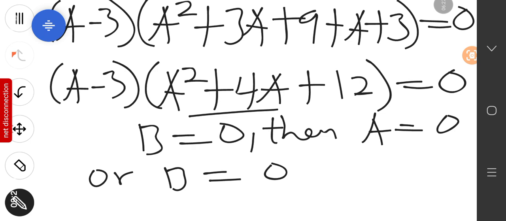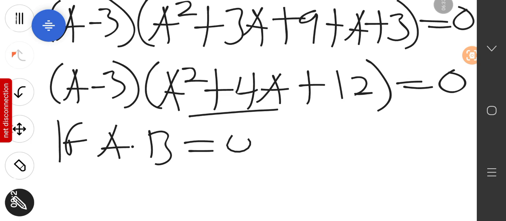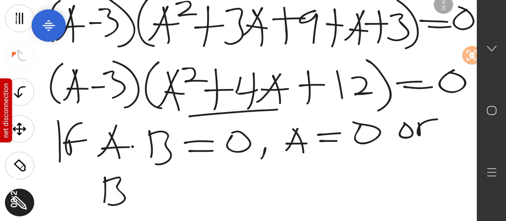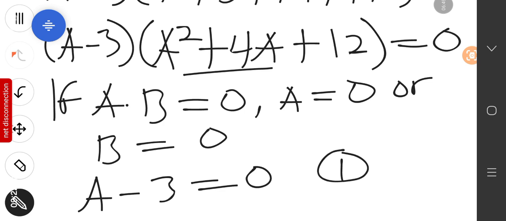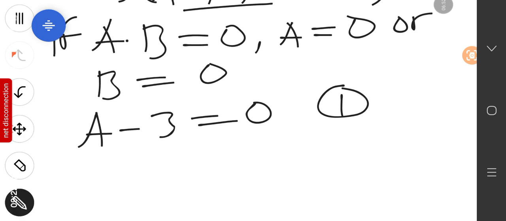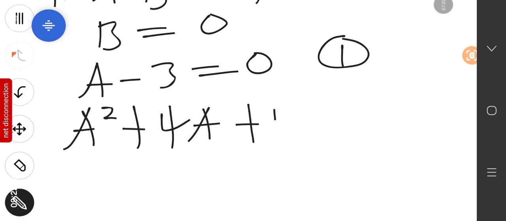So our equation becomes a minus 3 equals 0. Let's call this equation 1. And then we have a squared plus 4a plus 12 equals 0. Let's call this equation 2.